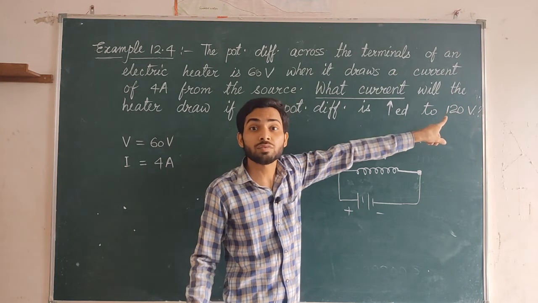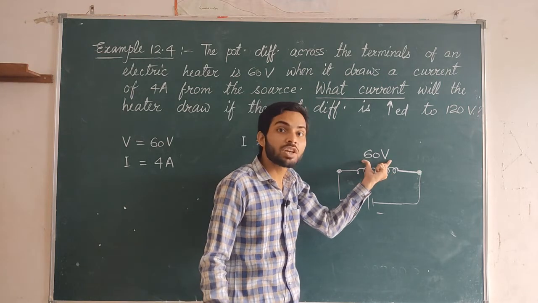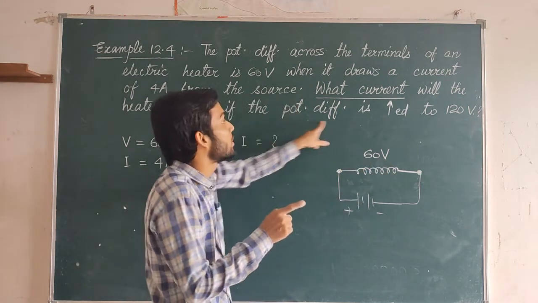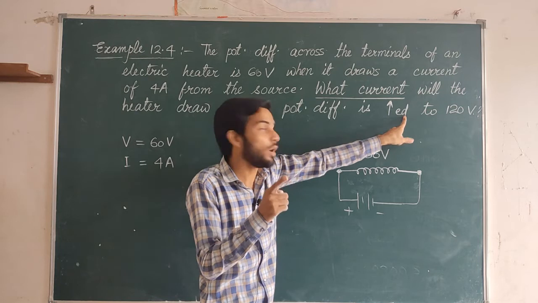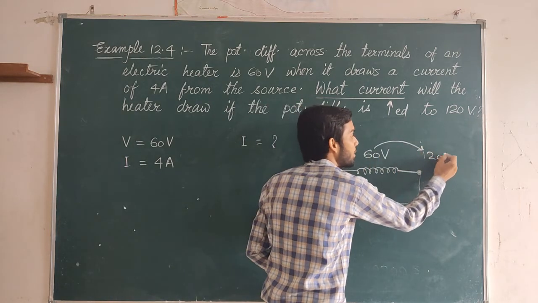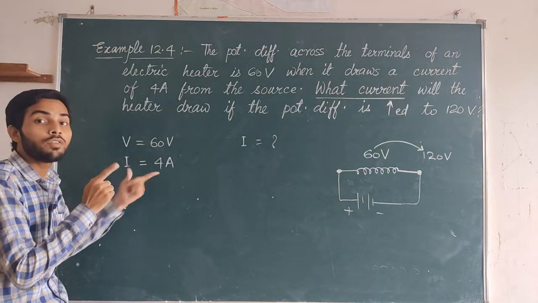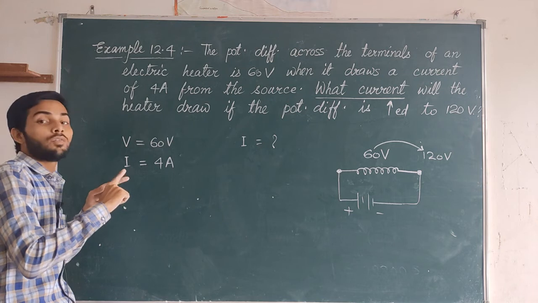My dear students, we just studied Ohm's law, that if the potential difference is increased from 60 volt to 120 volt, then the amount of current will also increase.